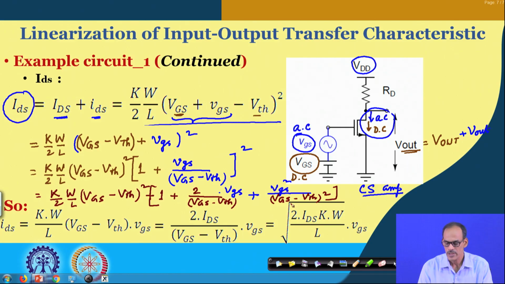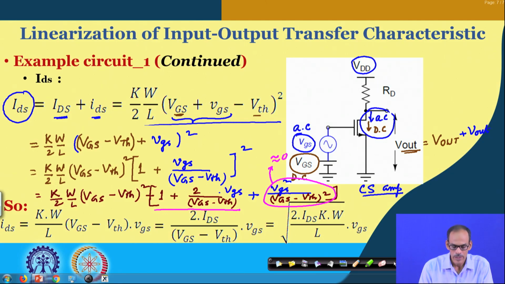So, now if I say that we are talking about linearization, which means that we are essentially dropping this second order term. So, if you make this approximately 0, whatever the remaining term we do have here up to this point gives us the linearized transfer characteristic.